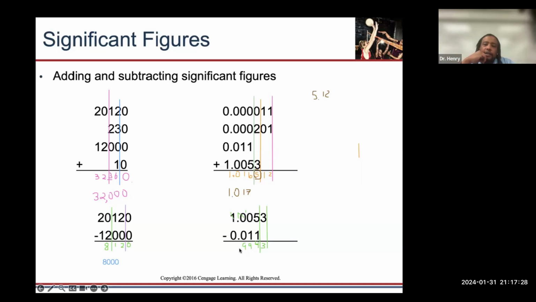And there's going to be a decimal there. Okay, so then our final value with sig figs is going to be 0.994, because we take a look at that 3, and it's lower than 5, so we don't round up. So we're going to just leave it as that value.